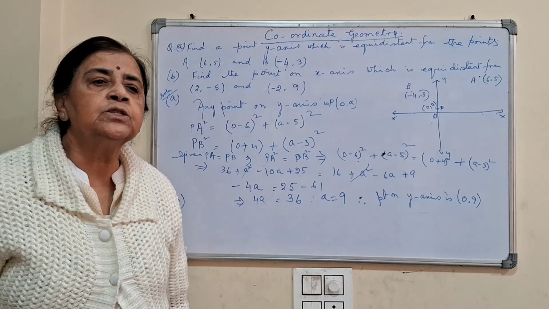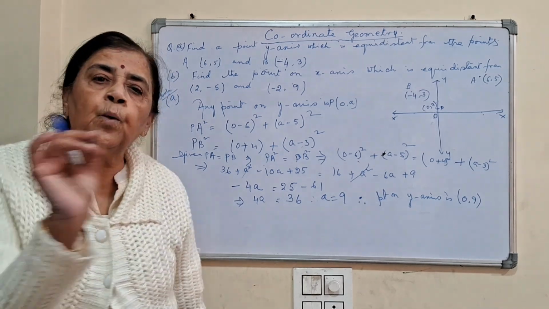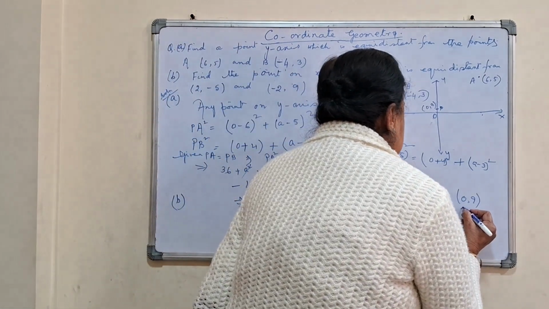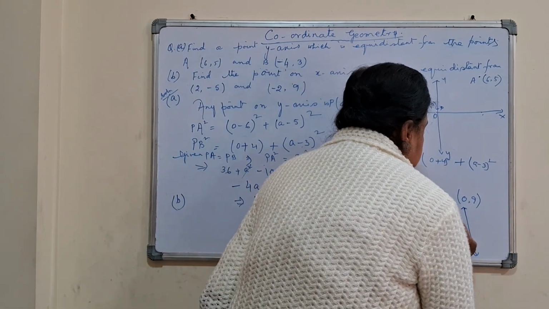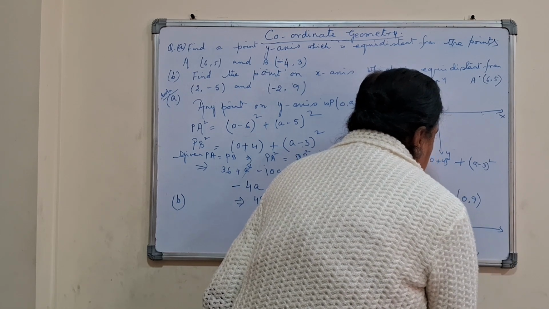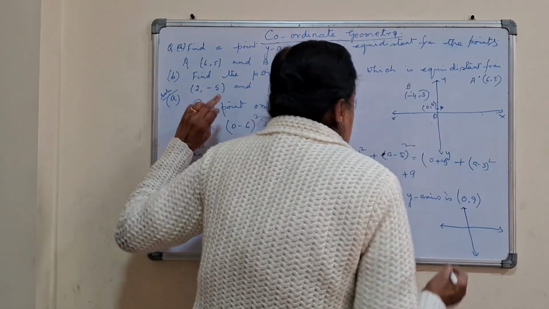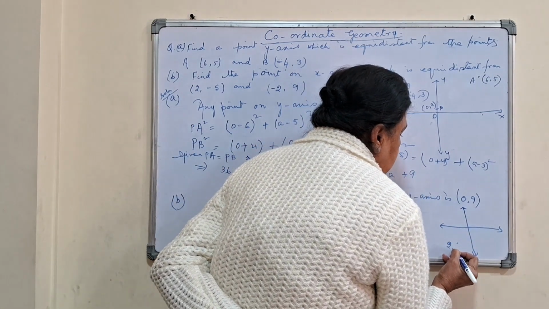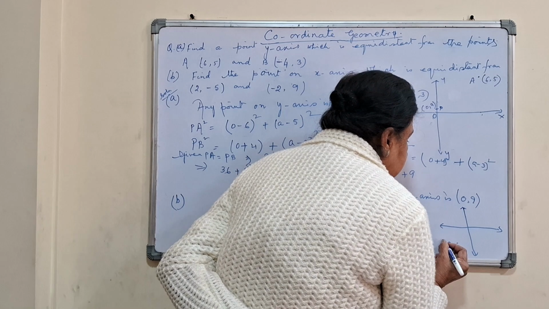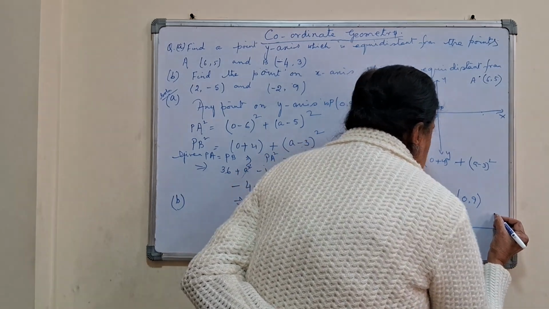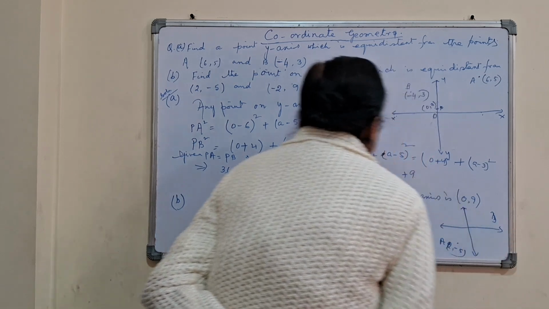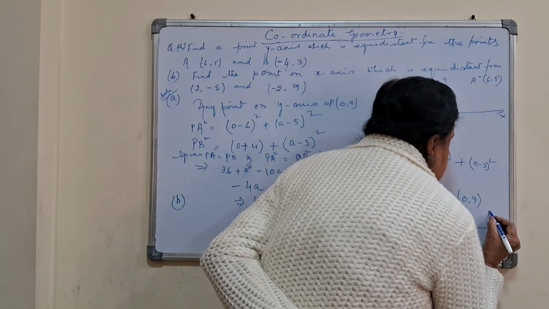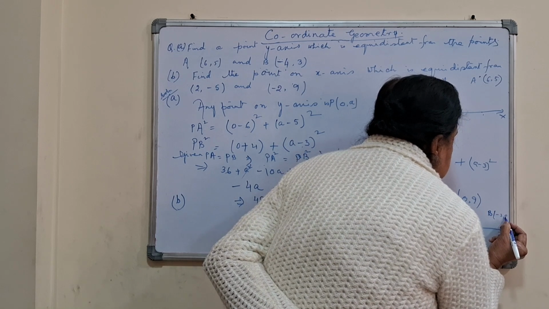Any point on the x-axis has y equal to 0. The points are A (2, -5) and B (-2, 9).